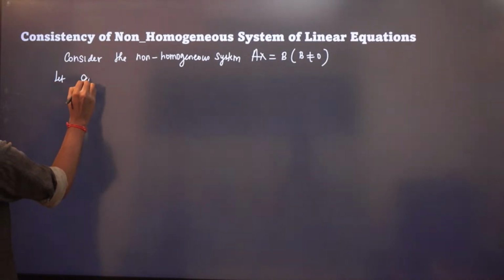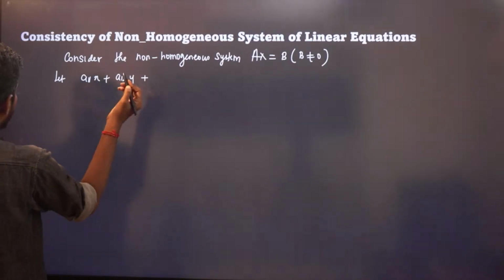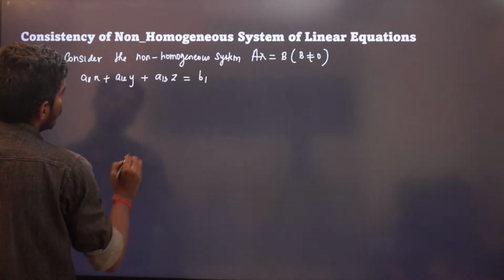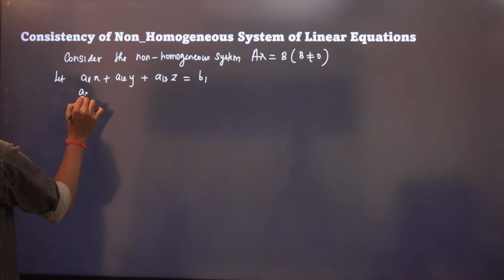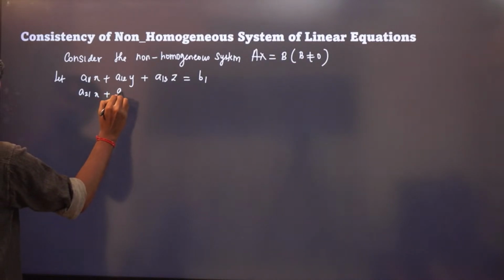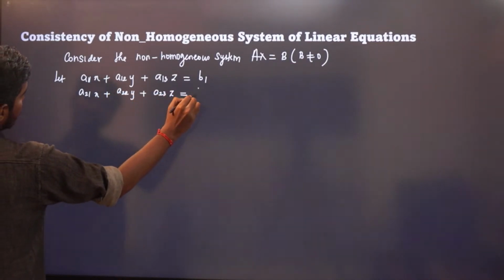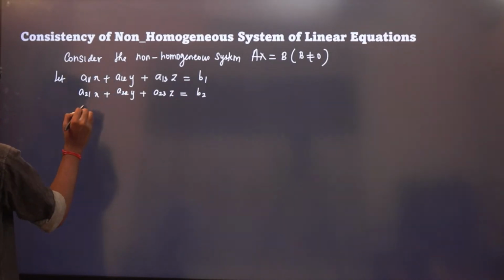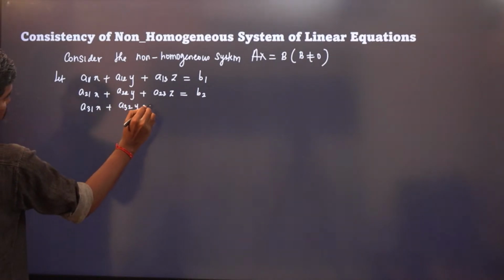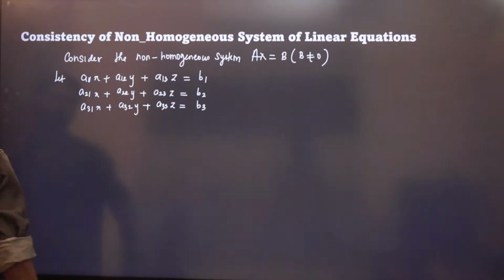Let us take this equation: a11x plus a12y plus a13z is equal to b1. a21x plus a22y plus a23z is b2. a31x plus a32y plus a33z is equal to b3.